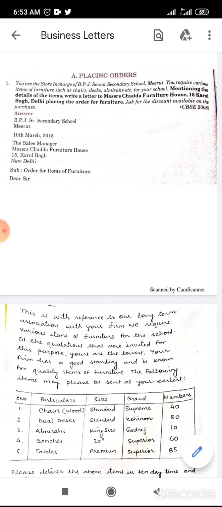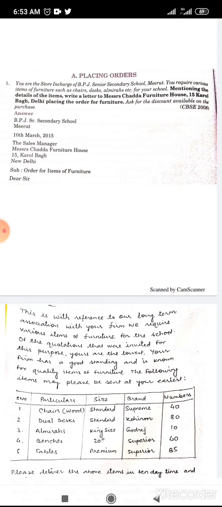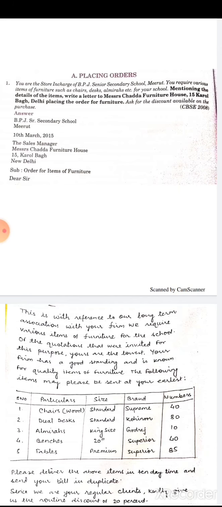But my humble advice to all of you is to make a habit of writing the subject before the salutation, because if you don't, just after writing the salutation you tend to forget to write the subject, and once you complete the letter, you suddenly remember that you have missed something, and it is nothing else but the subject. So the salutation: Dear Sir, or maybe even Sir. Dear Sir means that you are probably acquainted with the person whom you are writing this letter to.